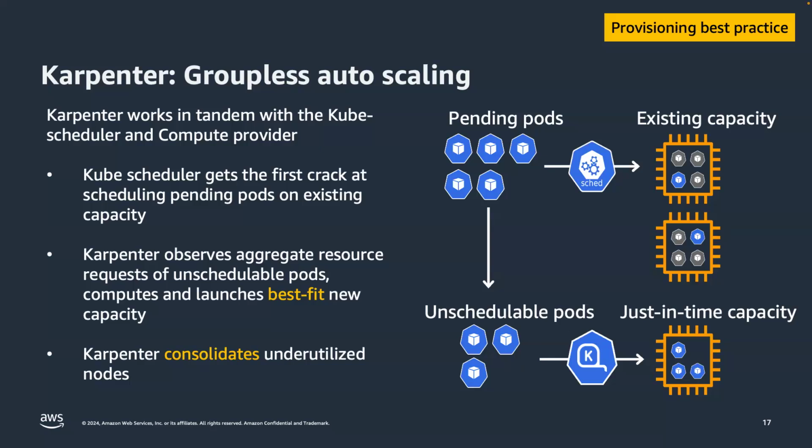I need to spin up new EC2 to increase the compute capacity that I have. So Carpenter will then directly call the EC2 fleet API, and it also does bin packing and right sizing while bringing up these nodes.